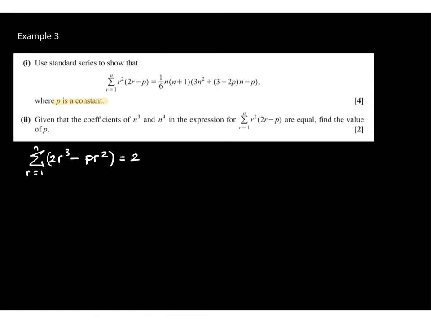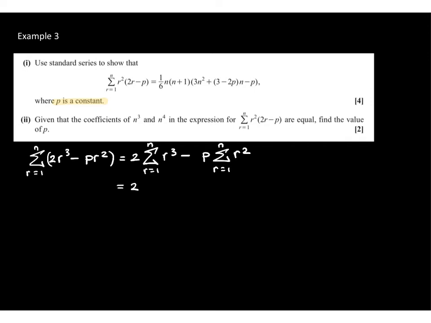So let me split that up into two summations. And we'll take out these multiplying factors of 2 and p out at the front of the summations. And now let's substitute in the standard results.